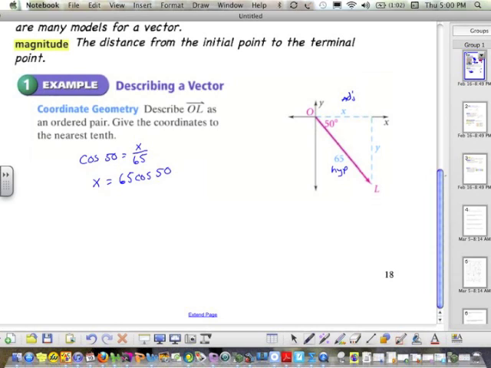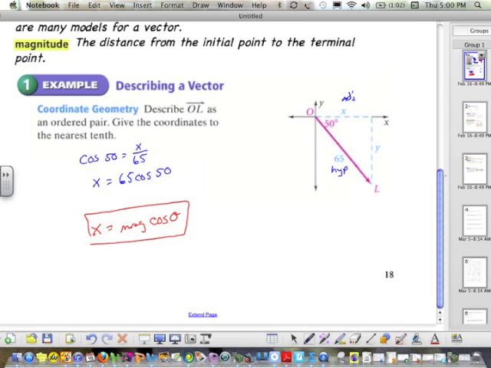And notice, really, the 50 degrees didn't matter, the 65 did not matter for any triangle that is done this way. X is always going to be the magnitude of that vector, or the length of it, times the cosine of the angle. So this is one of the first things that's nice to remember.